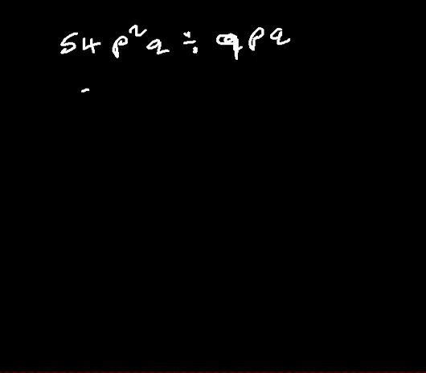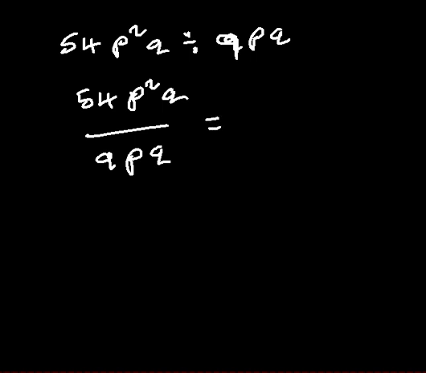In this case, this is the same as 54p to the power 2q divided by 9pq. What is 54 divided by 9? That is 6. Q into q, we have 1. P into p square, we have p. Like that. So this is how we should have it.